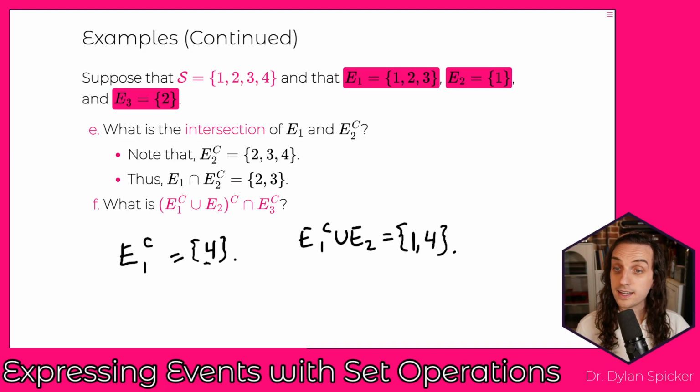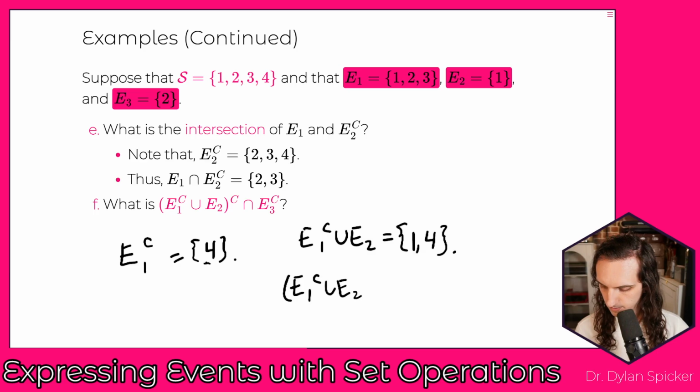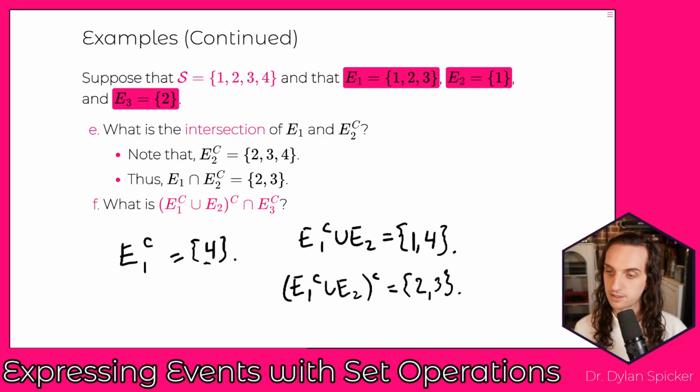Okay. And so then if we want to take the complement of this set, E1 complement union E2, all complemented, we have to say, what is not in this set? That set is a 1 and a 4, and so the complement of that is going to be a 2 and a 3. And then if we want to intersect that with E3 complement, we need to first know what is E3 complement?